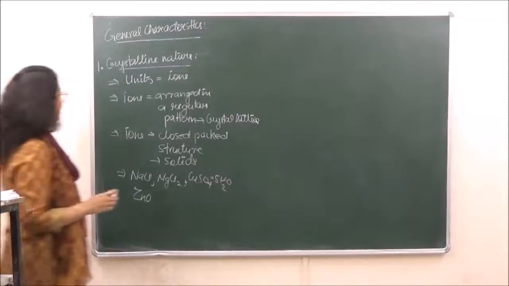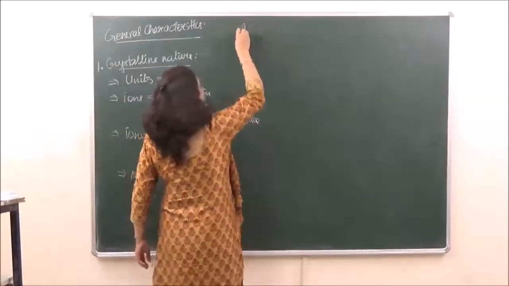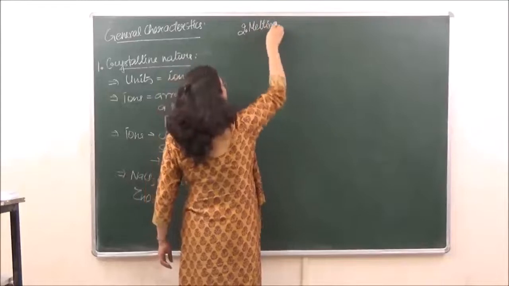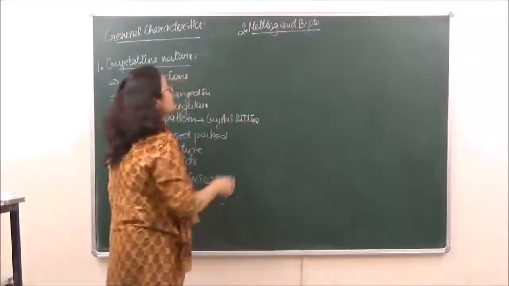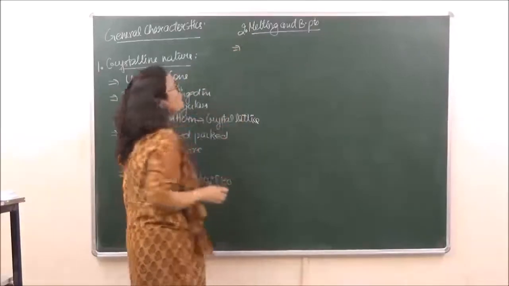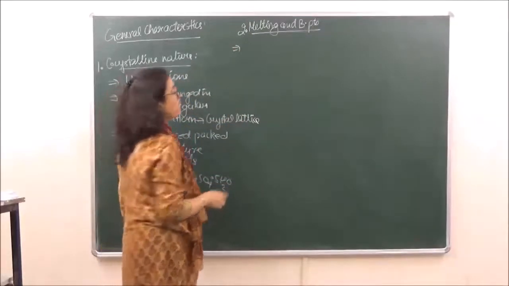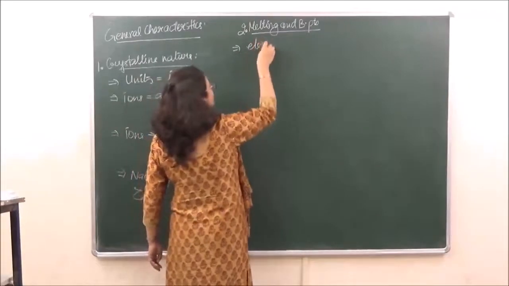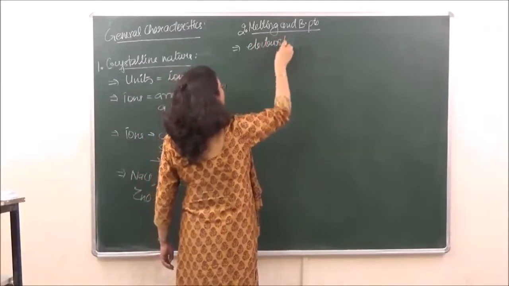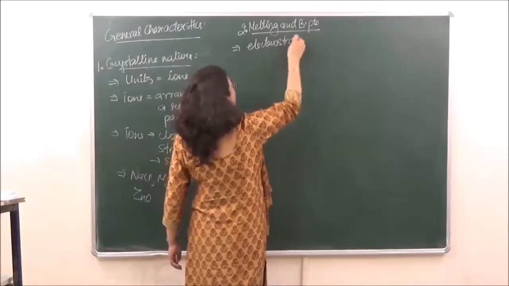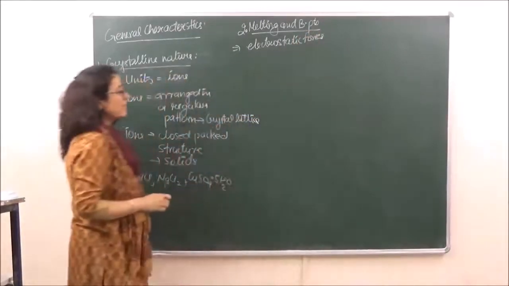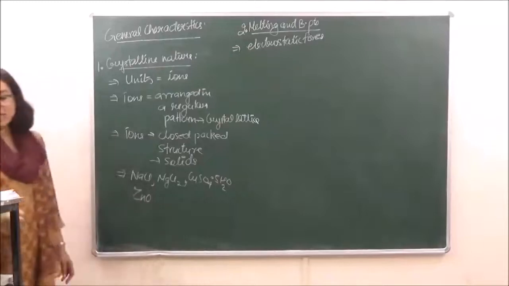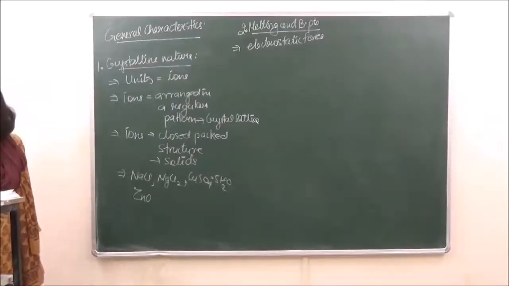Then number 2, we come to melting and boiling points. Now we already know that in ionic bonds, the forces of attraction present are electrostatic forces of attraction. As a result, the ions are very closely bound to each other.